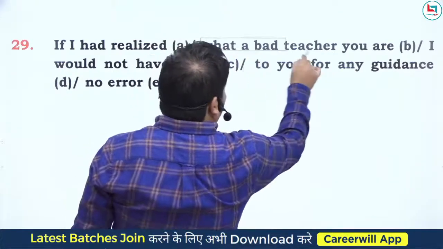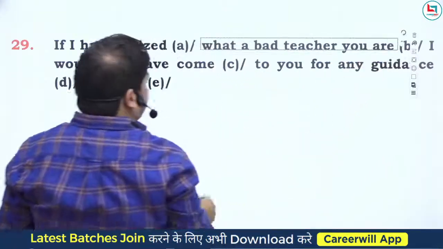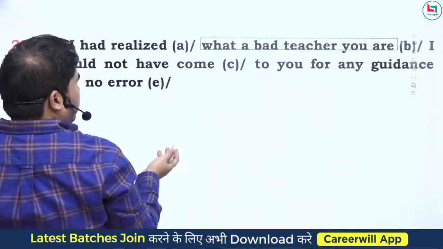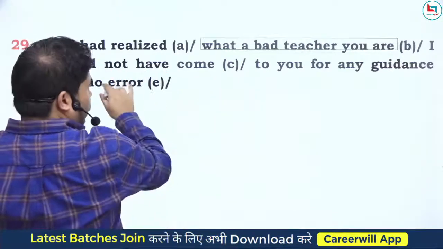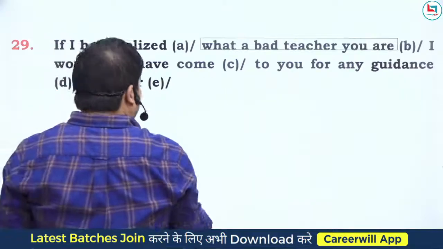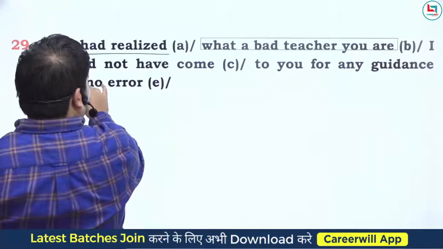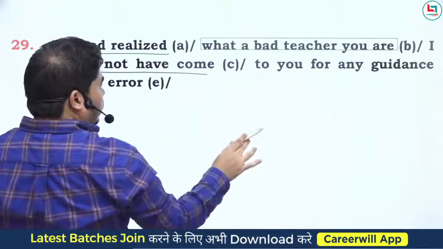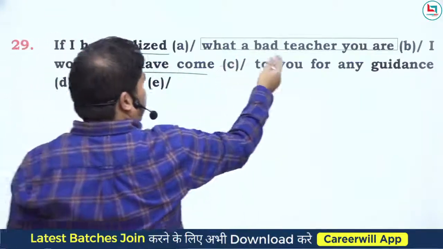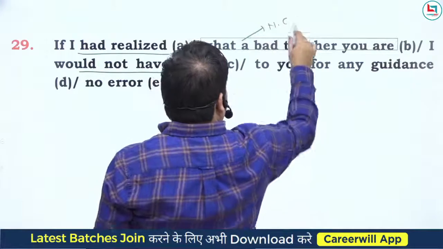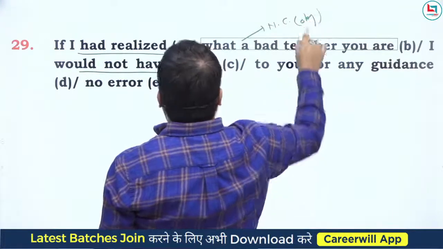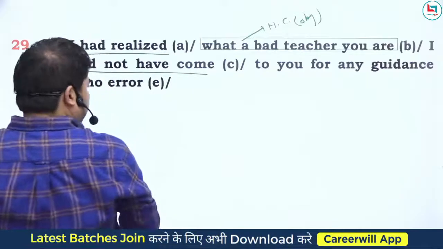If I ask you what is the profile of this, because if you didn't get this, you may be confused. If I had realized what a bad teacher you are, I would not have come. As per the standard structure, "had realized" and "would not have come" is absolutely fine. Realized what? What a bad teacher you are. So this is again a noun clause as an object of realize.